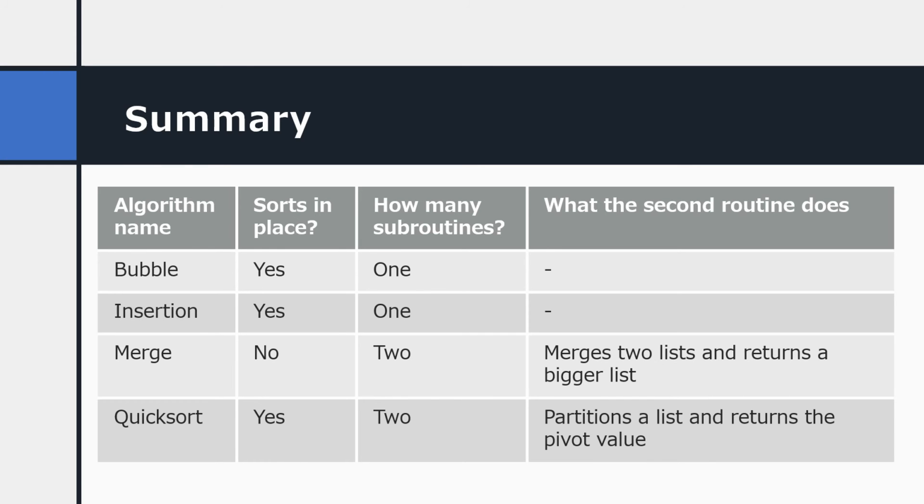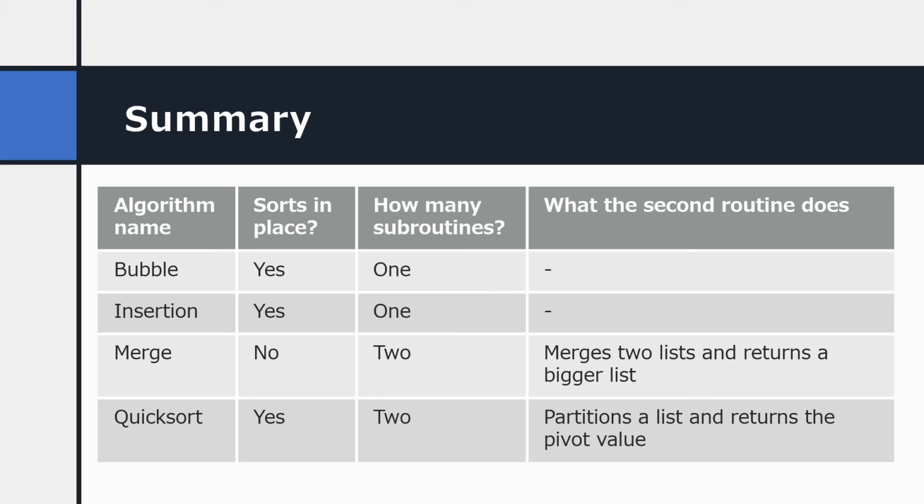So I just summed up the situation with the sorts. Bubble sort sorts in place and only has a single subroutine. Insertion sort sorts in place and only uses a single subroutine. Merge sort does not sort in place. It creates multiple copies of the list in memory, and it uses two subroutines.